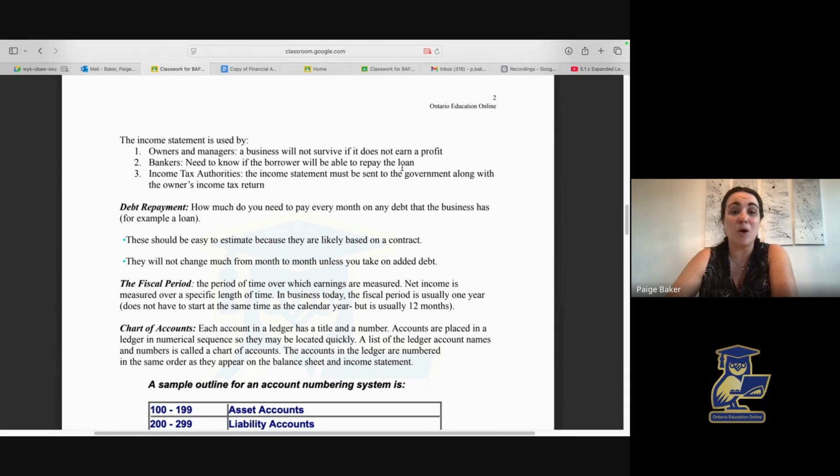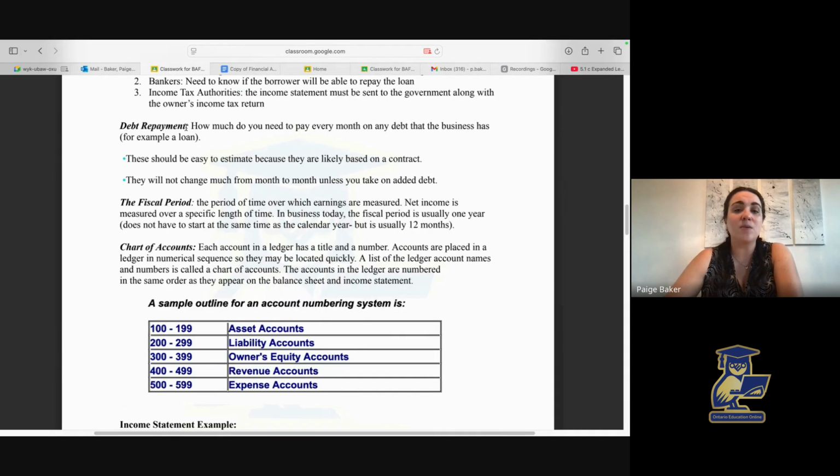So if a bank sees that you have a net loss, you're going to be a riskier loan to provide. Income tax authorities, the income statement must be sent to the government along with the owner's income tax return. So that is another stakeholder that would be interested in seeing what the income statement is all about.